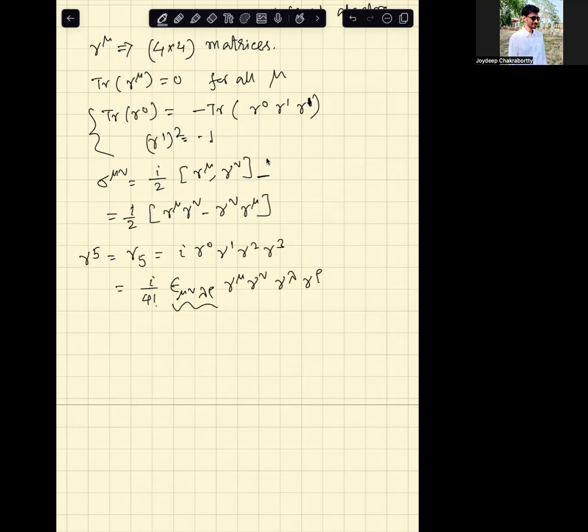And this is a completely antisymmetric object. Completely antisymmetric means that this is antisymmetric in all its indices.